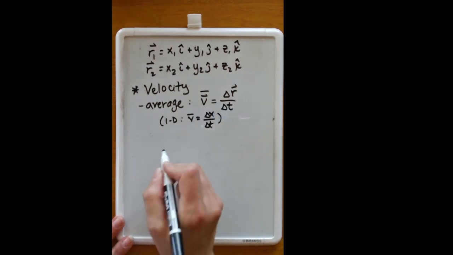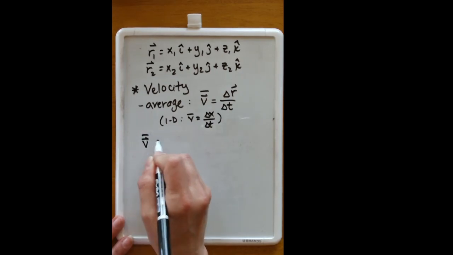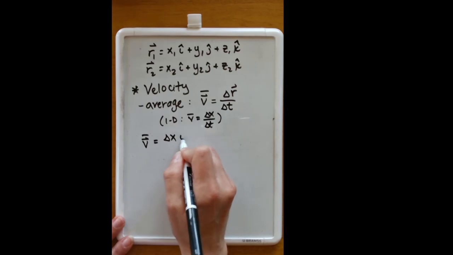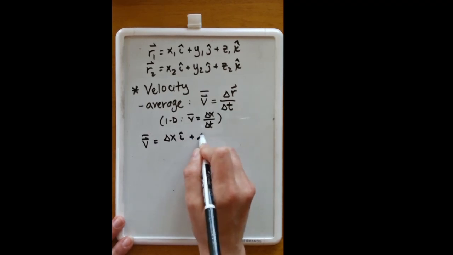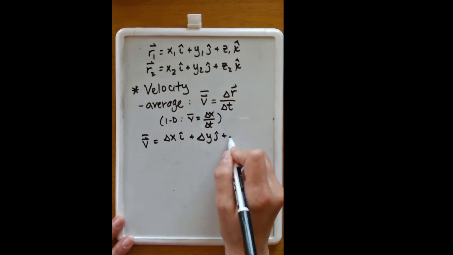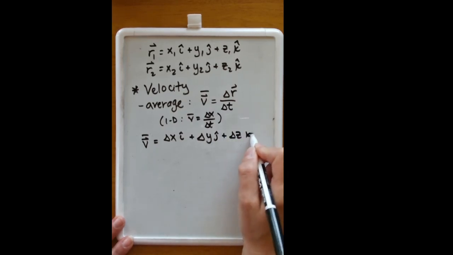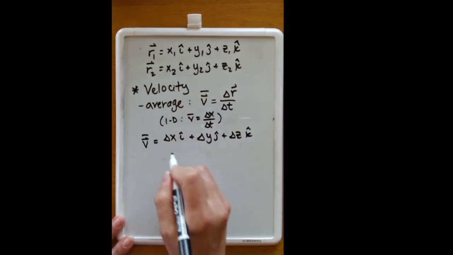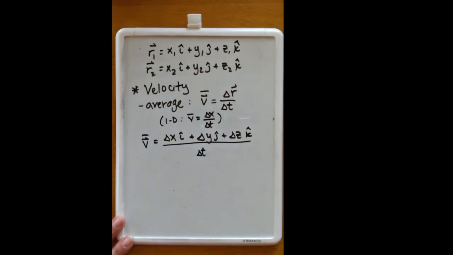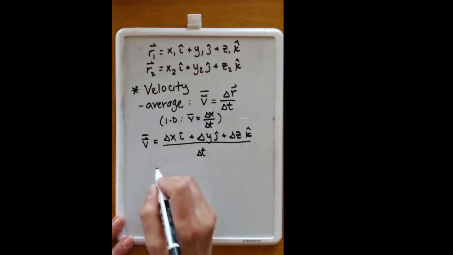Okay, so delta r is going to be a change in x in the i hat direction, plus our change in y in the j hat, plus change in z in the k hat direction. And then all that gets divided by delta t, change in t. So I'm just going to rewrite this.